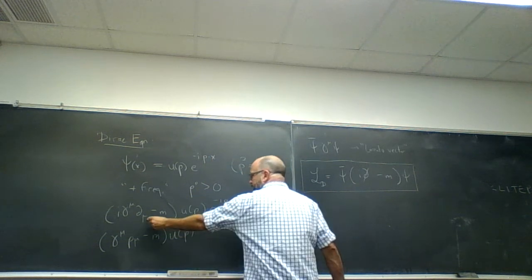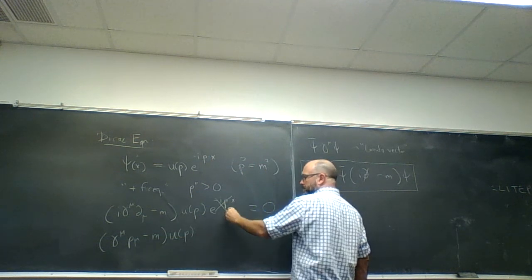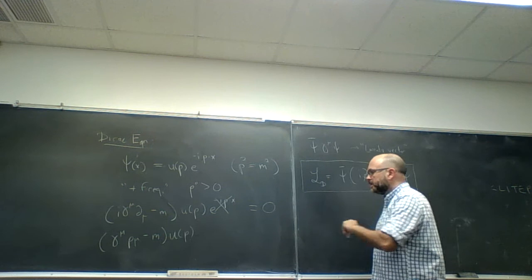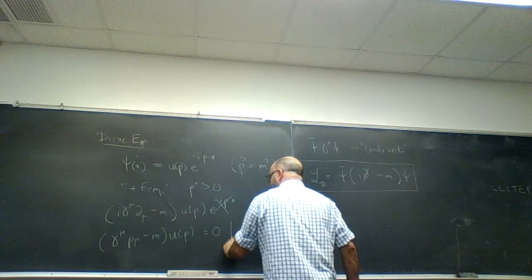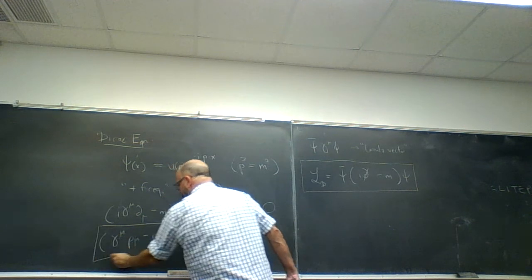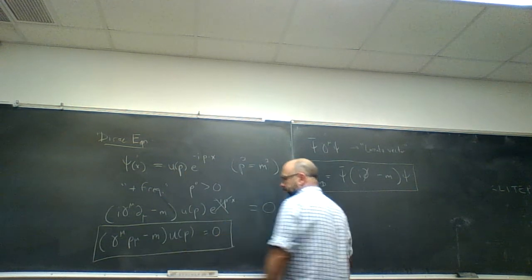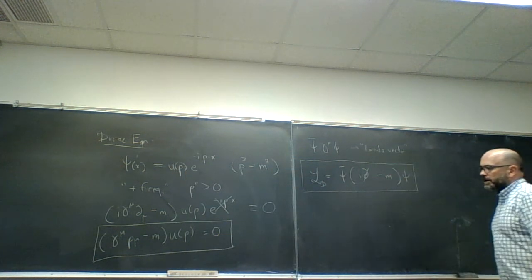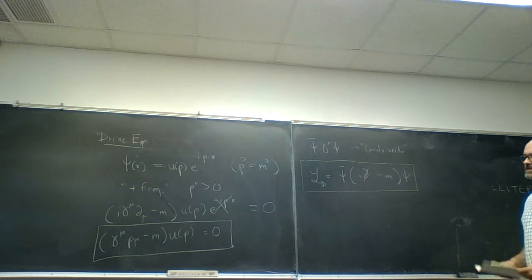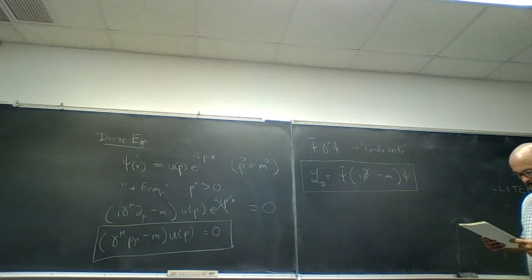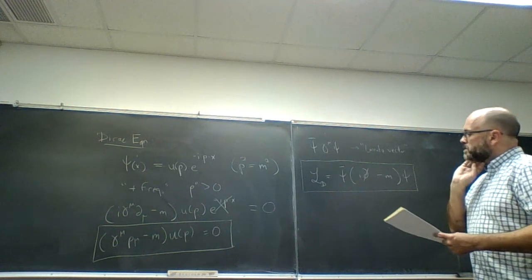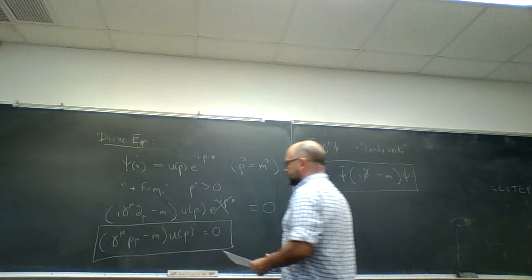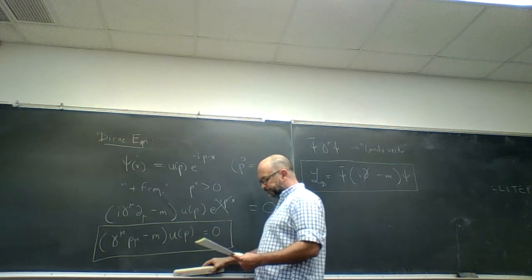And now, once I've acted with this derivative, I can just get rid of this plane wave solution, right? Because I've got 0 on the right-hand side. And so this is telling me that whatever this column vector is, it has to satisfy this equation. Okay? So this is the equation that we want to try to solve.